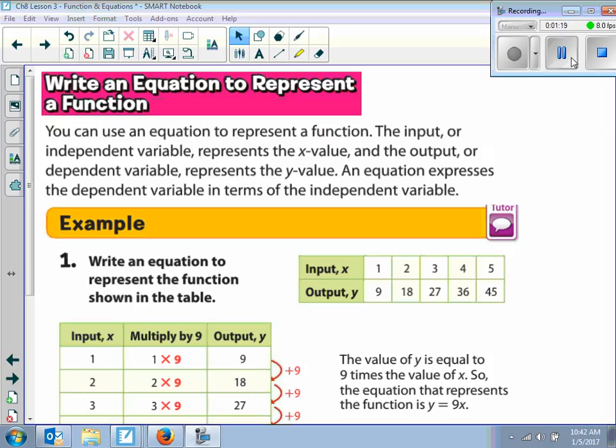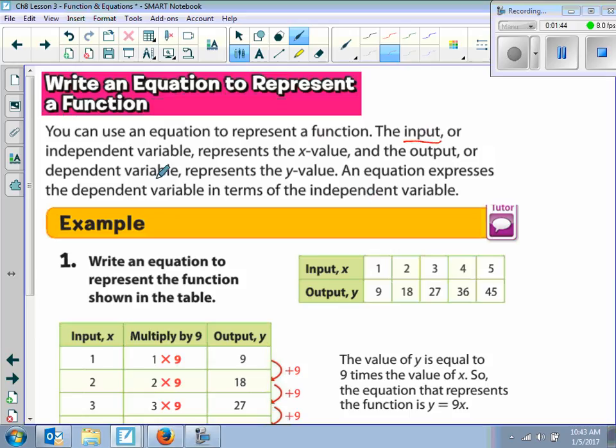Now for several days, we've talked about all the different names of inputs and outputs. I want you to make sure you have these written in your spiral notebook, okay? So we are going to take a look at the input.